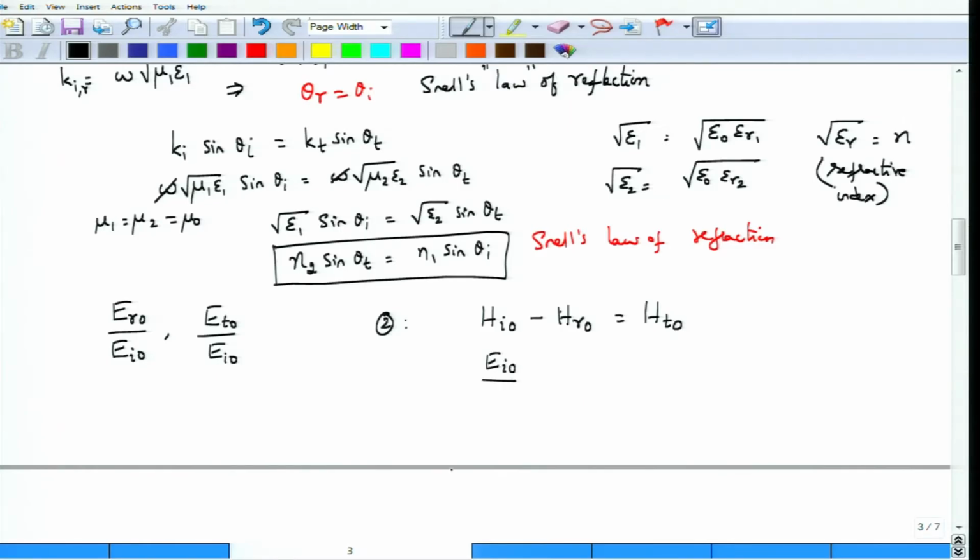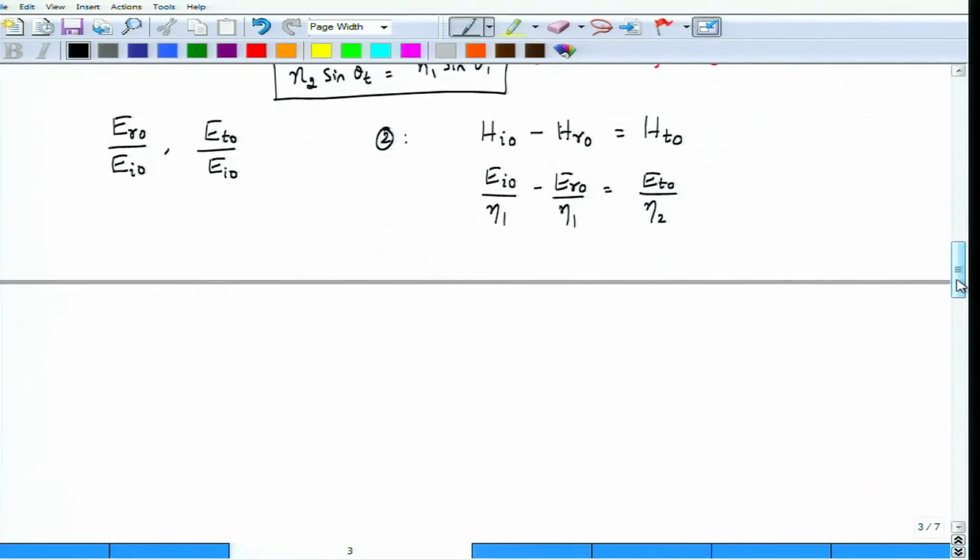However, you have to be careful to use the appropriate eta, or the wave impedance. Wave impedance for I and R will be eta 1, and the reflected amplitude is Er0 divided by eta 1. This must be equal to the transmitted amplitude Et0 divided by eta 2, because transmitted is in the second medium, right?